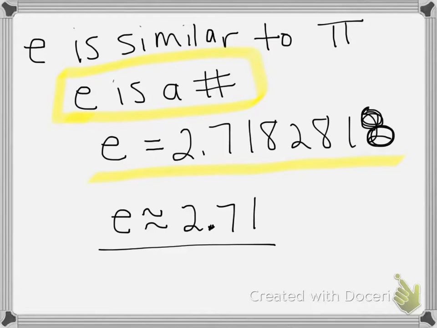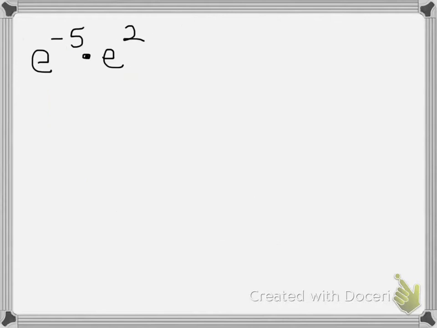Now, most of the time, though, we're not going to approximate it at all. In a lot of these examples and a lot of the problems on your homework, e is just going to be a variable. So for your first example, if e to the negative fifth power times e to the second power, we're going to keep e as our base. And then since it's a multiplication problem, 2 bases and 2 exponents, we're going to add the exponents.